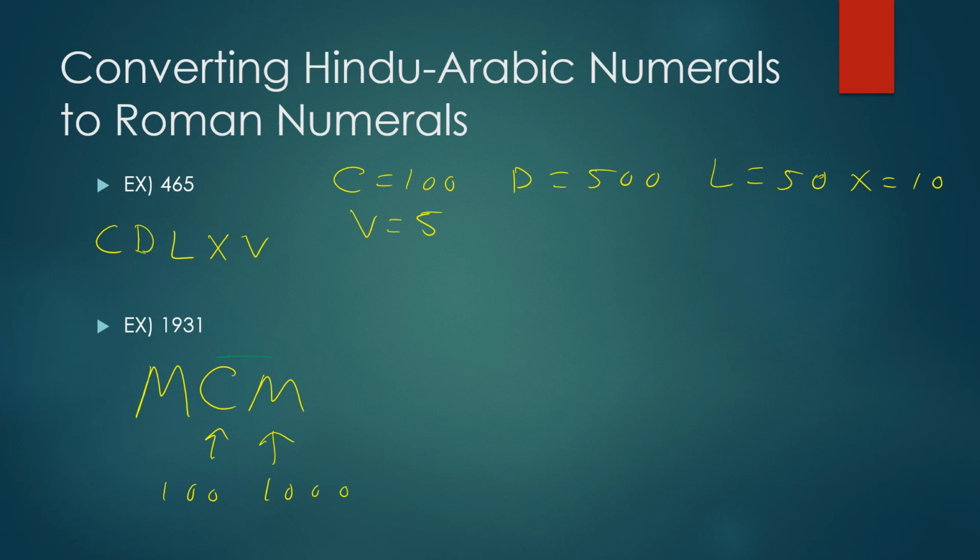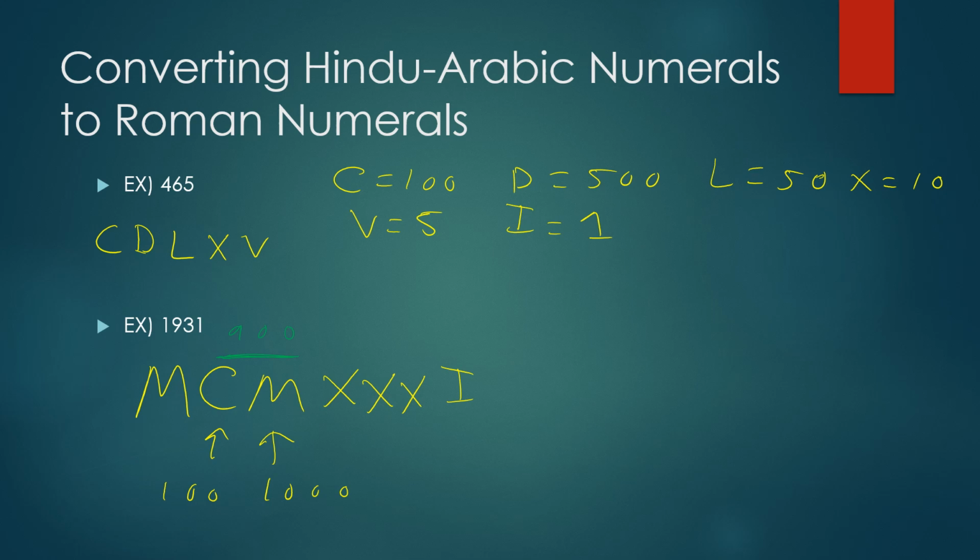So this together is 900. So now we need to do the 31. Well, we're just going to have to do X, X, X for the 30, and then another lonely I, because remember that I represents 1. So here we have our 1931.